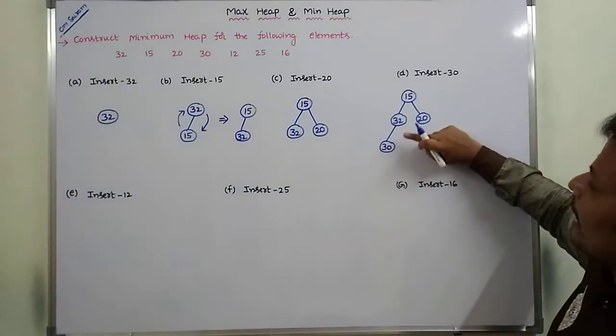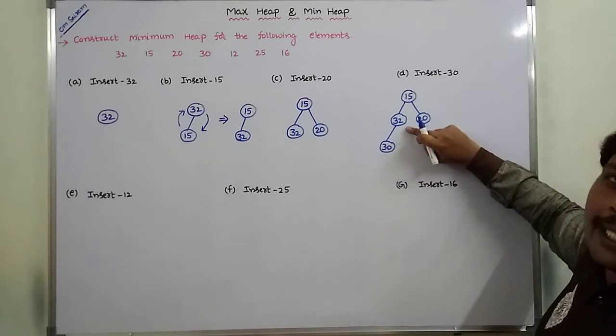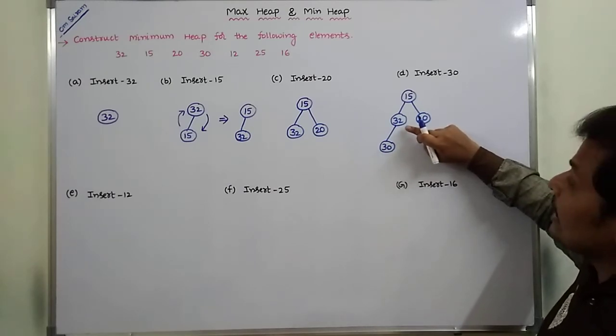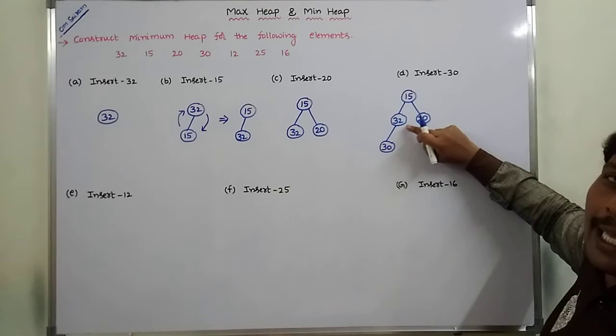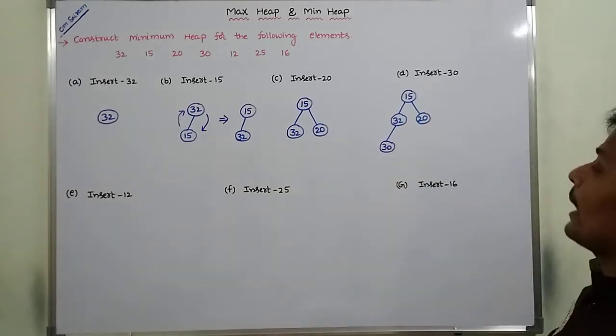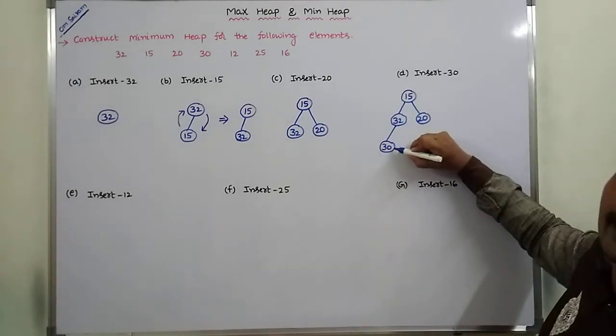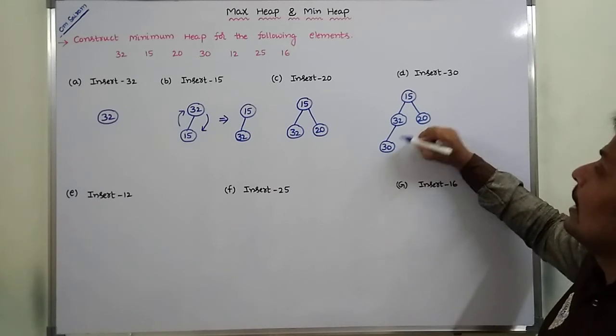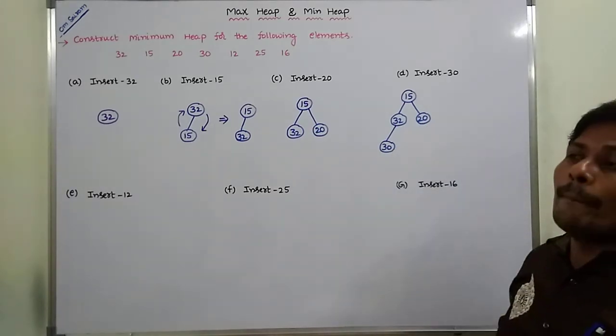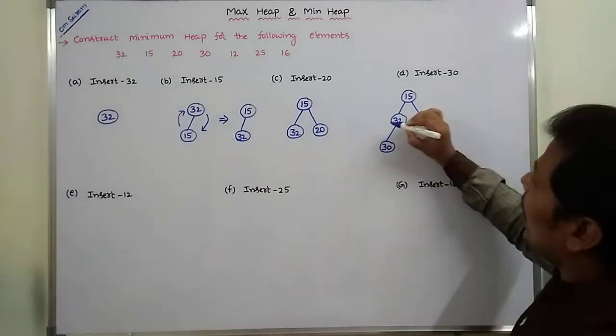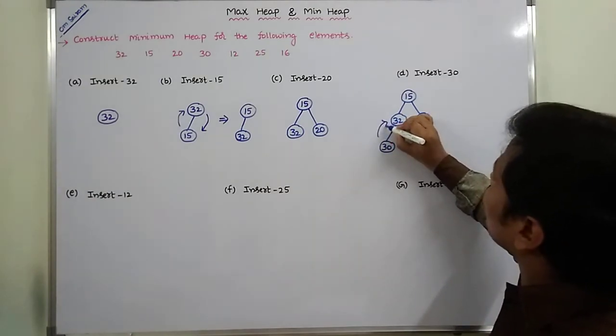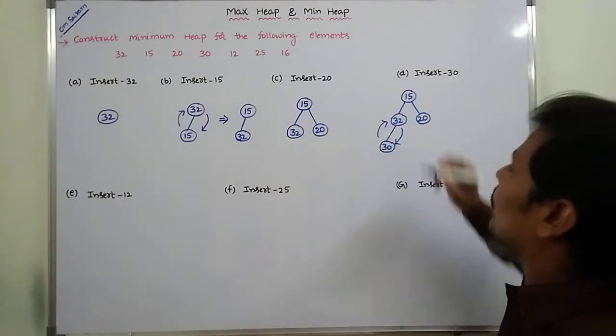Here 30's parent is 32. The parent node value must always be less than the children's node value. Is 32 less than 30? False. It does not satisfy the minimum heap property, so now we have to swap these two nodes.